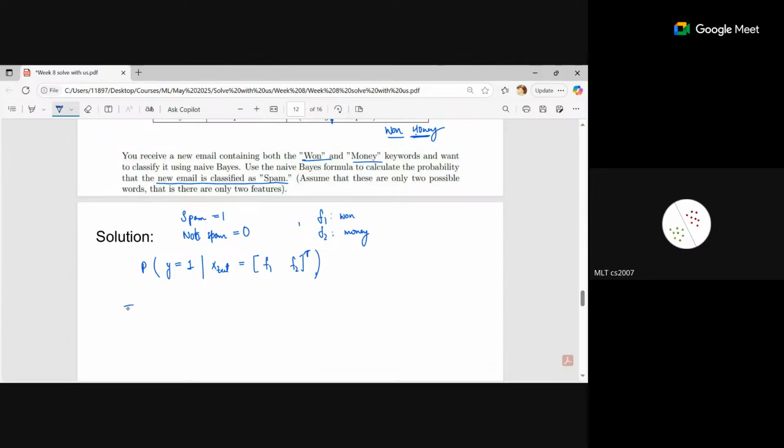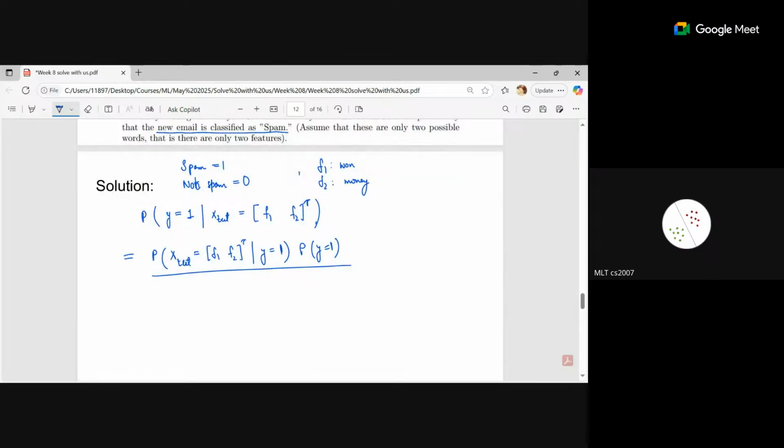So again, how will you find this probability? This is going to be the probability that my x test, which is f1, f2 transpose, given y is equal to 1, times probability y is equal to 1, divided by probability of x test, which is probability that x test is equal to f1, f2 transpose given y is equal to 1 times probability y is equal to 1, plus the probability that x test is equal to f1, f2 transpose given y is equal to 0 times probability y is equal to 0.